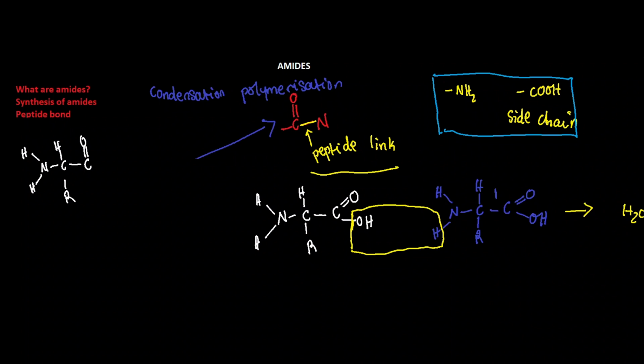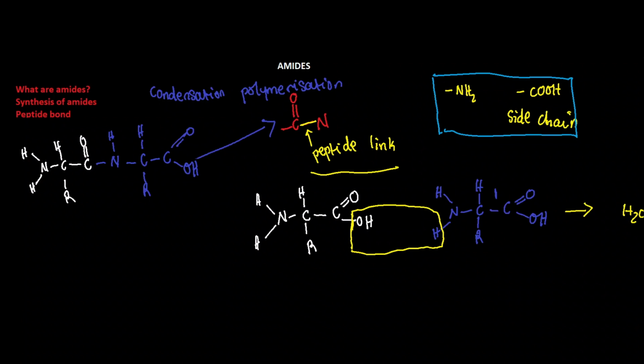Okay, now from the side highlighted in blue, we have nitrogen and hydrogen here, and then we also have the side chain, and then we have the carboxylic acid group. Okay, now notice that this carboxylic acid group, now this is a polymerized amino acid.